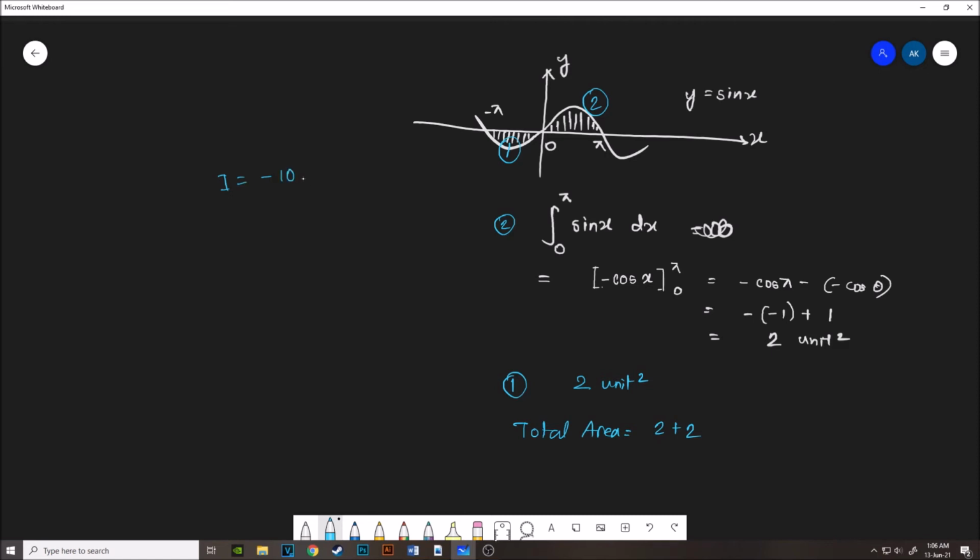Integration is a mathematical operation, and there is no rule that says integrals cannot be negative, especially if your area is under the x-axis. But the area cannot be negative, so you take the modulus of minus 10. The modulus of a number is its magnitude, and then you continue to add the areas individually and find the total area.